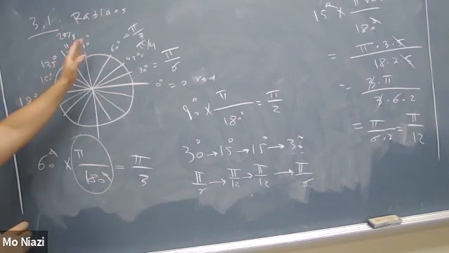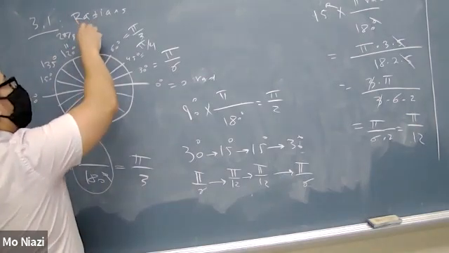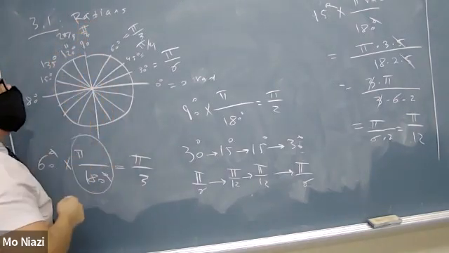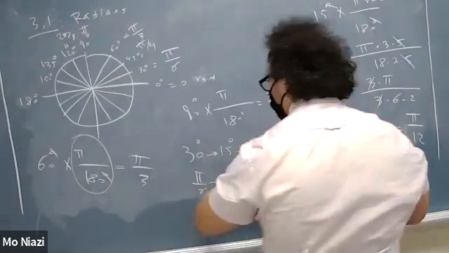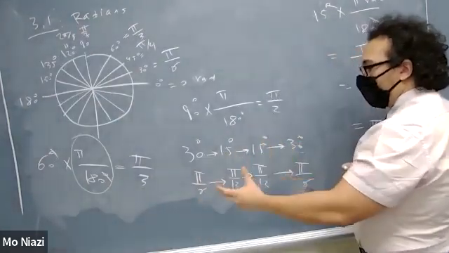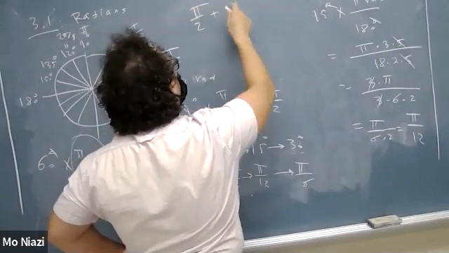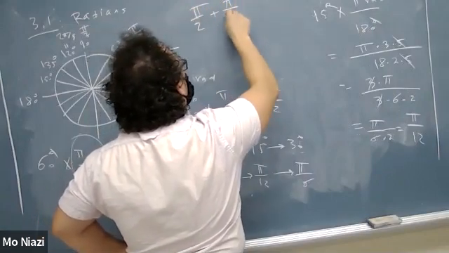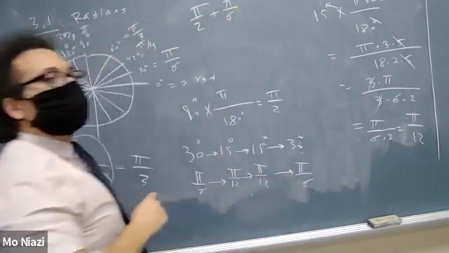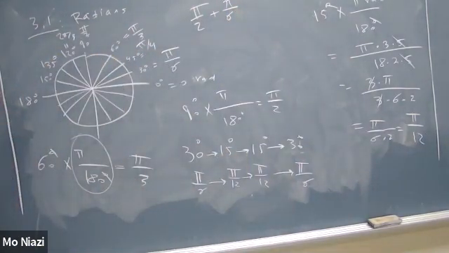Notice that from over here at pi over 2, I was able to attain 2 pi over 3 by adding pi over 6, because the 30, 15, 15, 30 pattern repeats. And so pi over 2 plus my 30 degree analog in radians should give me that 2 pi over 3.